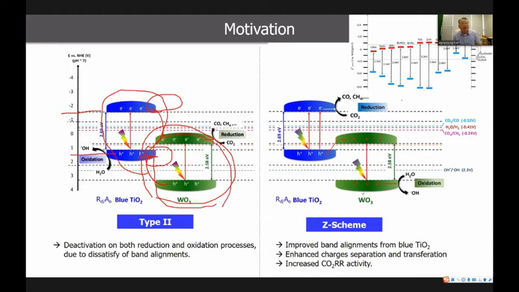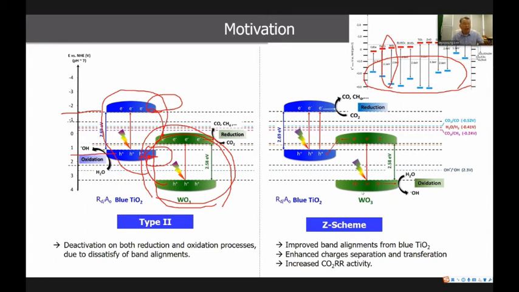So we are looking for a material with one of the lowest HOMO levels, the valence band. We chose WO3, which is one of the best materials and also a cheaper one.